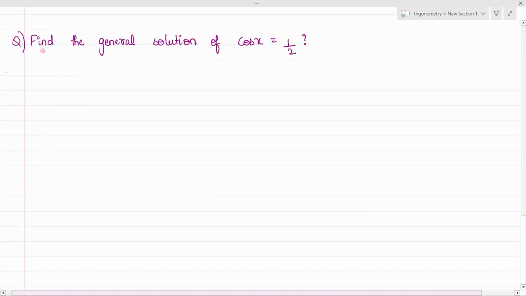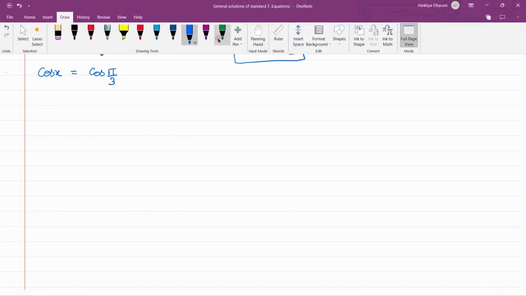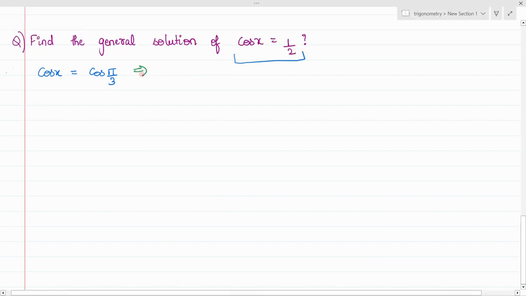In this question, we need to find the general solution of the equation cos x is equal to half. Half can be written as cos pi by 3. Pi by 3 is nothing but 60 degrees. So this is in the form of cos theta is equal to cos alpha.